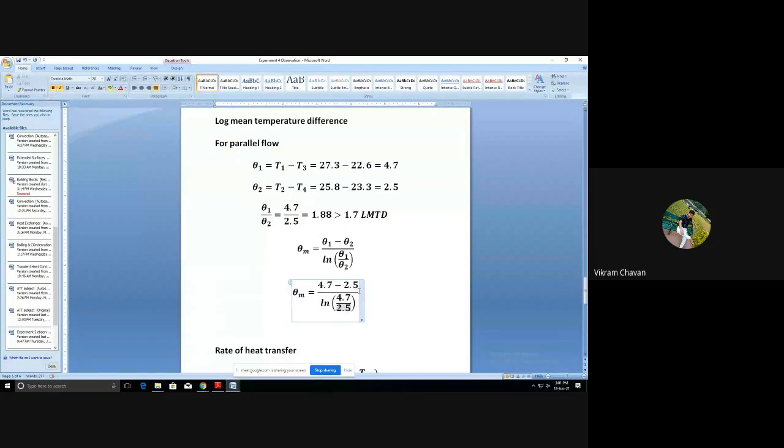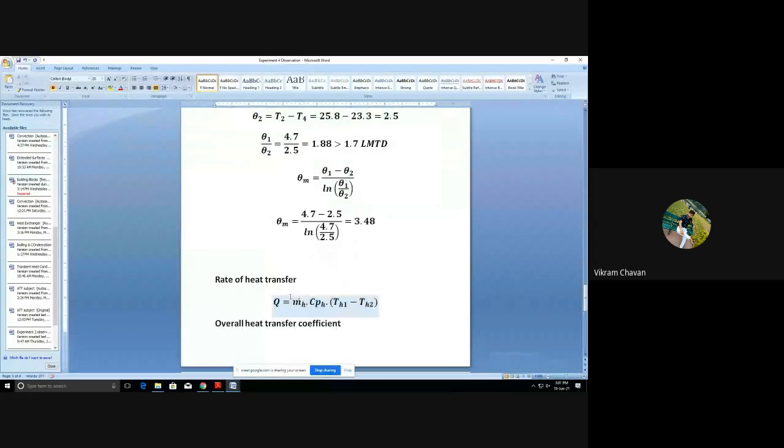Calculate theta m. 3.48. Great. So theta m we have calculated.